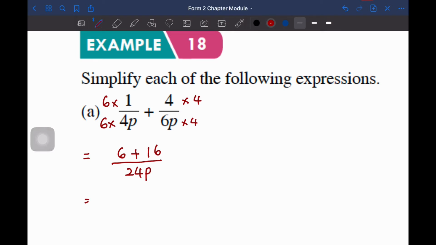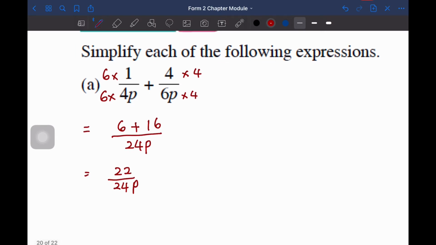So we will get 6 plus 16 is 22 over 24p. Cuma apa kita boleh buat, kita cuba kecilkan. Boleh bahagi 2 kan. So 22 divided by 2 get 11. 24 divided by 2 is 12p.